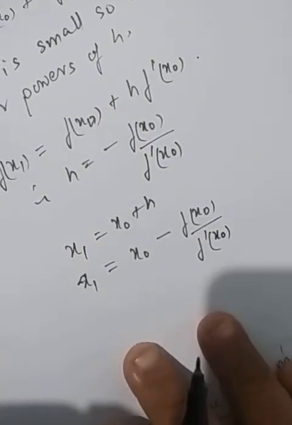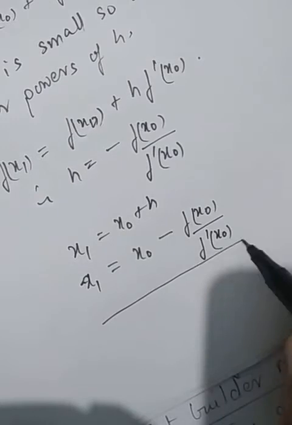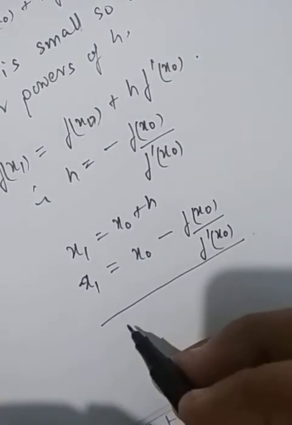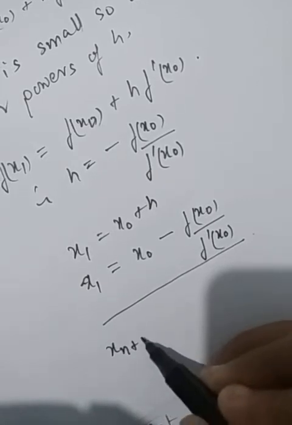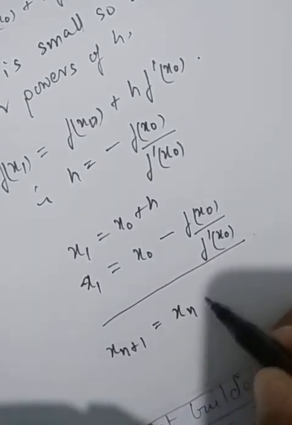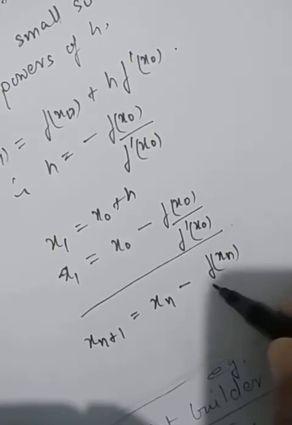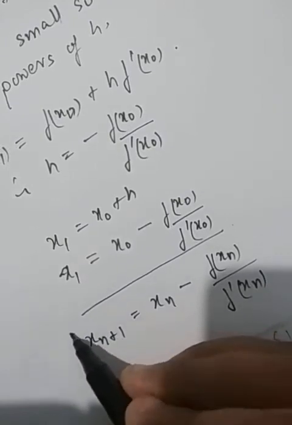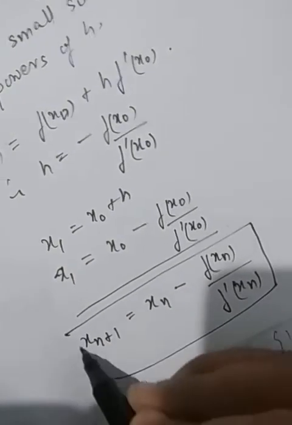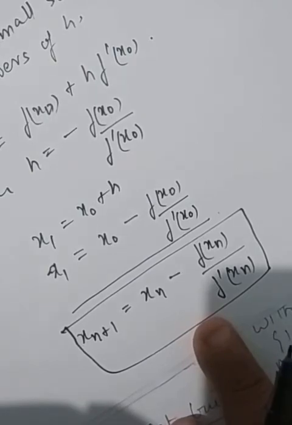This is your formula for Newton-Raphson method. We write it as xn+1 = xn - f(xn) upon f'(xn).